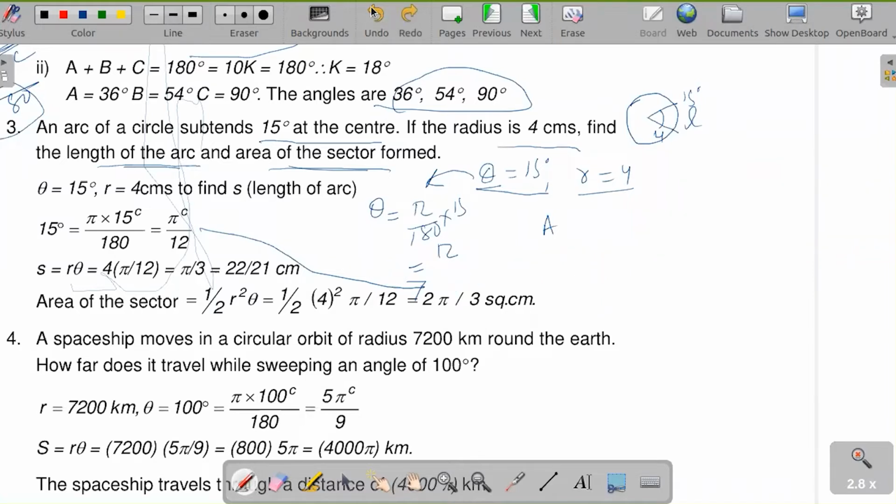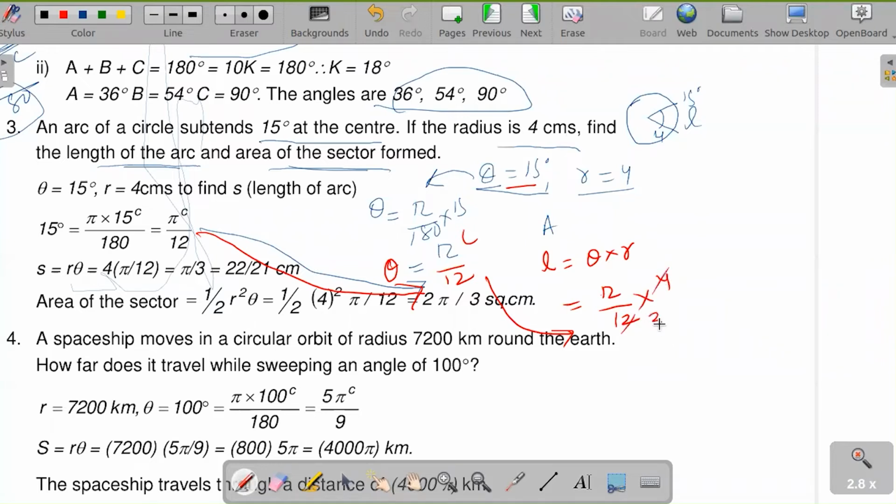So theta is equal to 15 degrees, and we convert it into radians by multiplying by pi by 180, and then we get theta is equal to pi by 12 radians. I earlier put it from here, but we have to do the calculation, and then our L we can calculate as theta into R, and theta is not 15. We have to use this radian value, pi by 12, and R is 4.